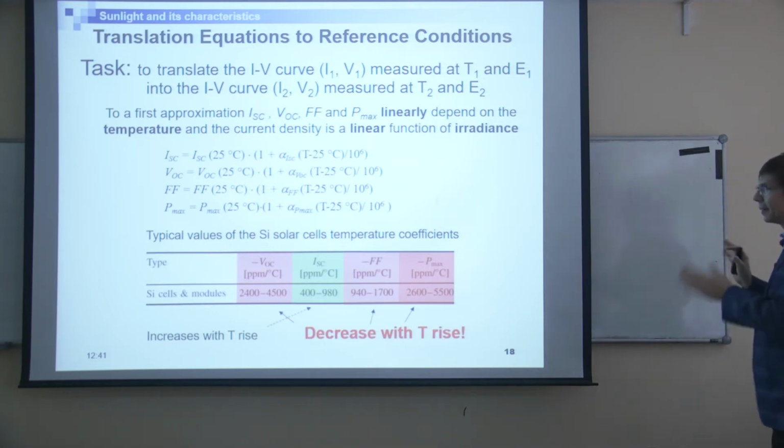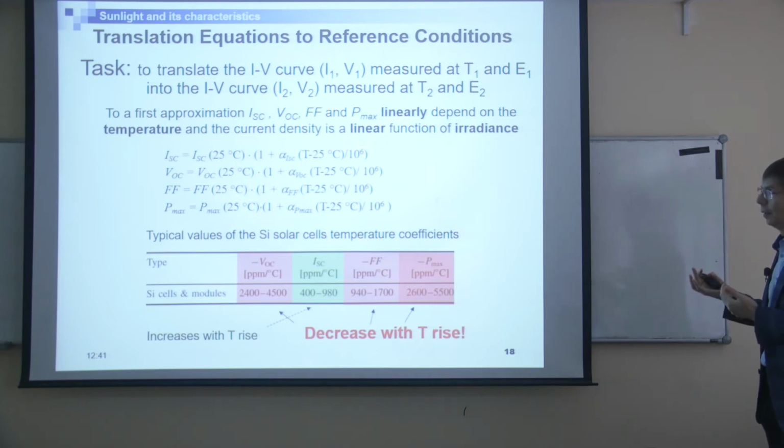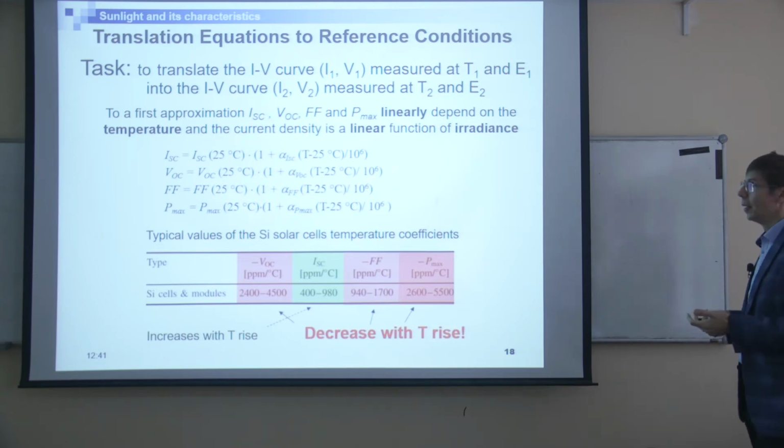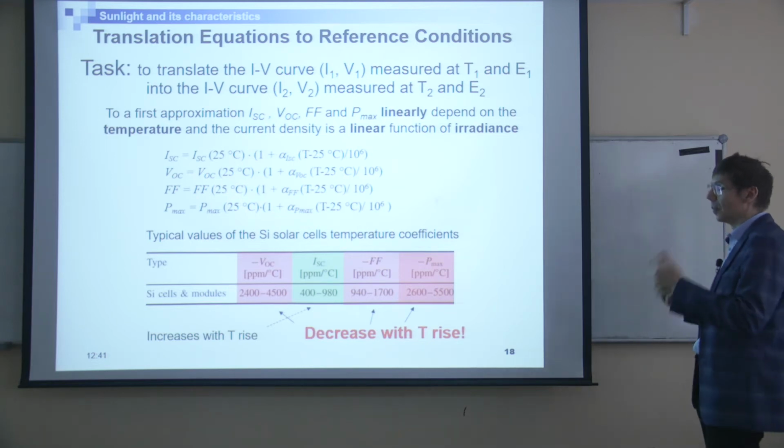So it's an approximation, some kind of simplification, the simplest way, but it already gives some ideas about the behavior of the solar cell, first of all, at least to compare them. And what is the most important, you can get some estimation.